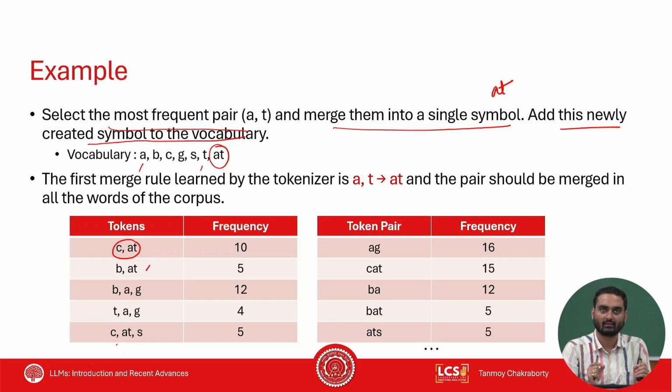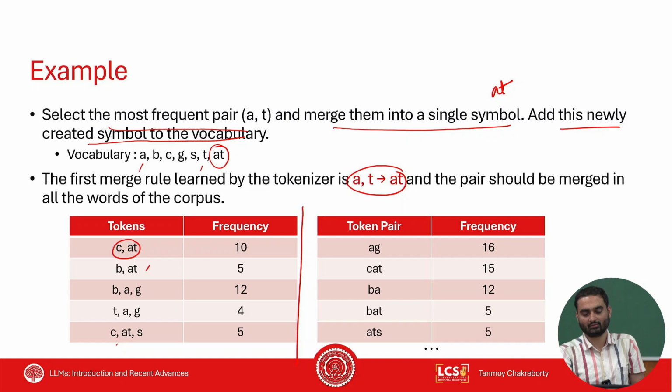No, those are also there, and along with those you added a new token, which is AT. Now we learned a new rule: A comma T leads to AT. Now these rules are important. We keep on collecting these rules, we keep on expanding the vocabulary.